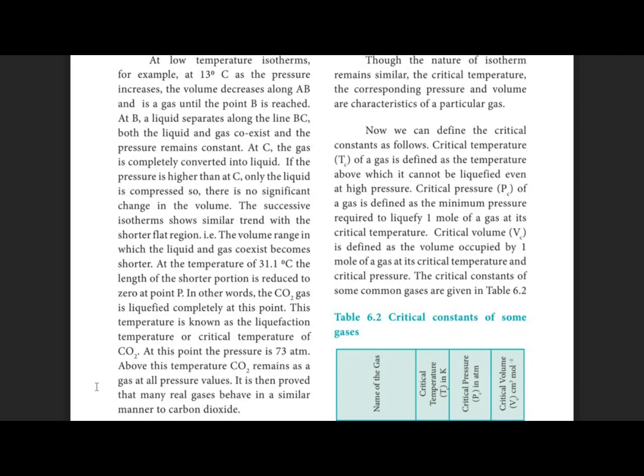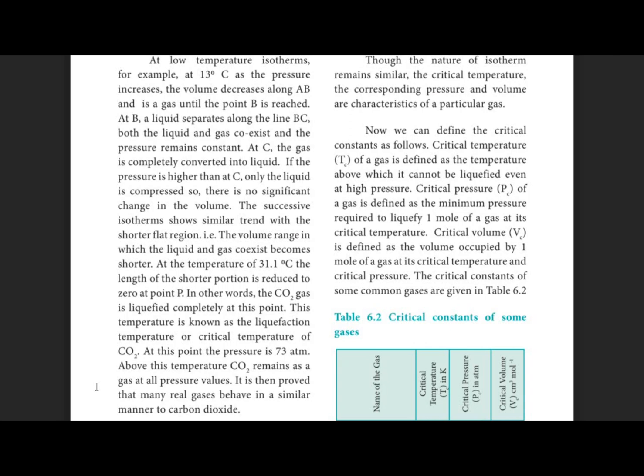Critical pressure of a gas is defined as the minimum pressure required to liquefy 1 mole of a gas at its critical temperature. Critical volume is defined as the volume occupied by 1 mole of a gas at its critical temperature and critical pressure.